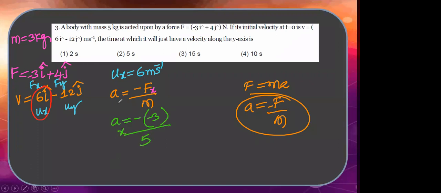So acceleration ax is 3 by 5 meters per second square.